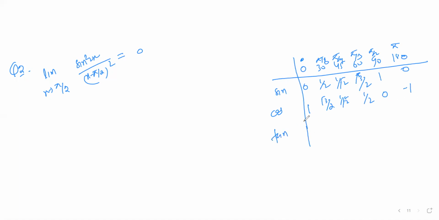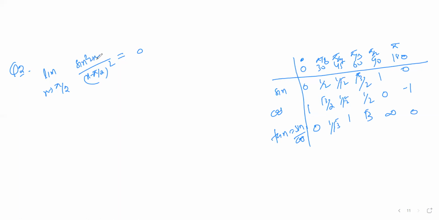And tan is sin by cos: 0 by 1 is 0, 1 by root 3, 1, root 3, tan 90 is infinity, 1 by 0, and 0 by minus 1 is 0.